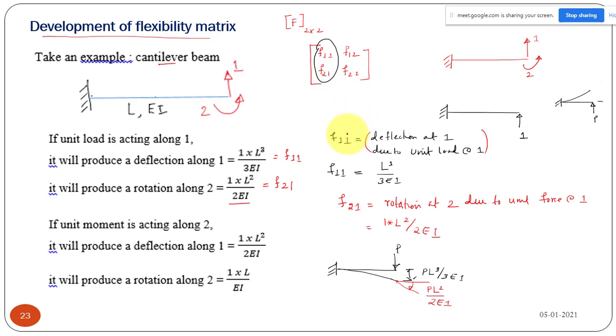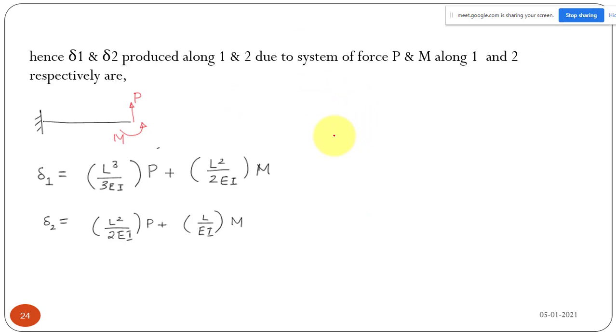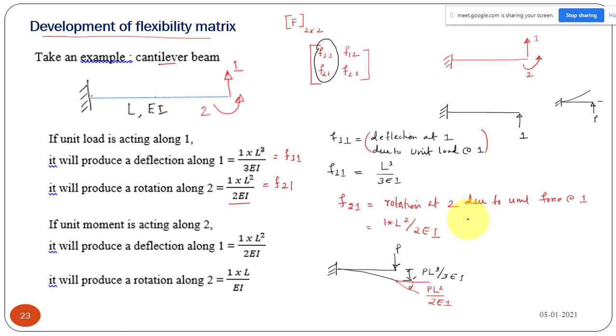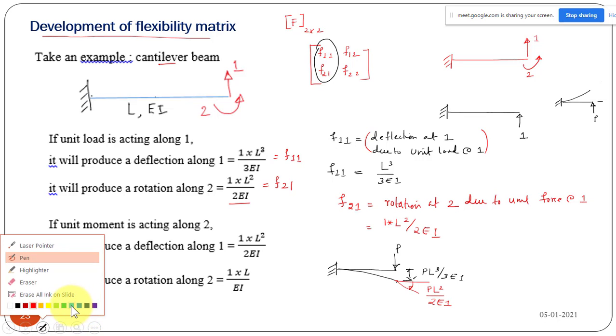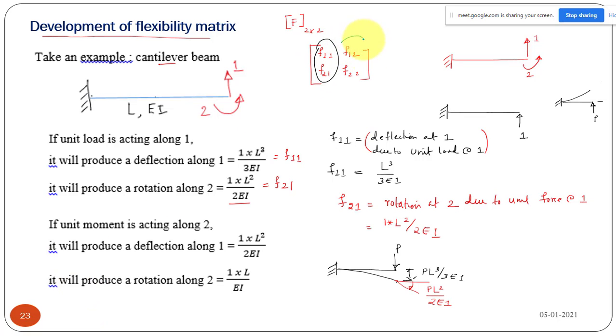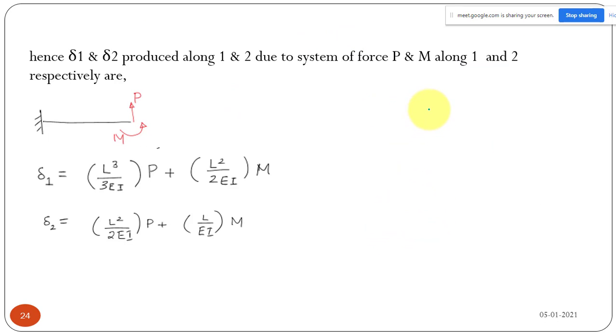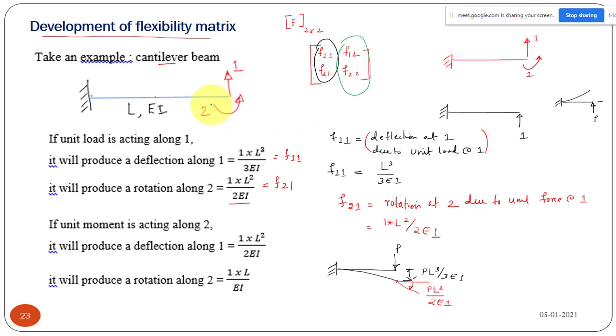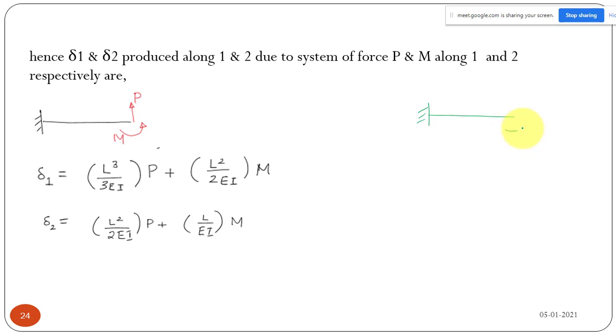Next we have to derive the second column. Second column means two elements again, F12 and F22. To get the second column, take your structure and apply unit force corresponding to your second coordinate. The second coordinate is this one, rotation, so we have to apply a unit moment.